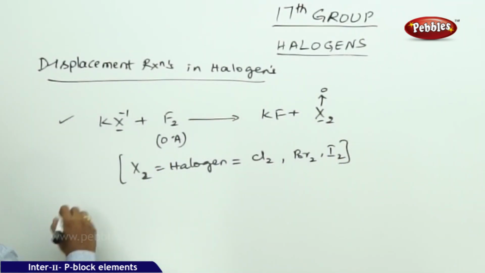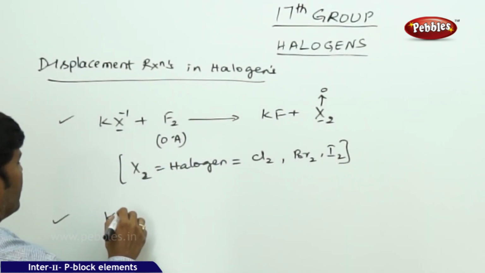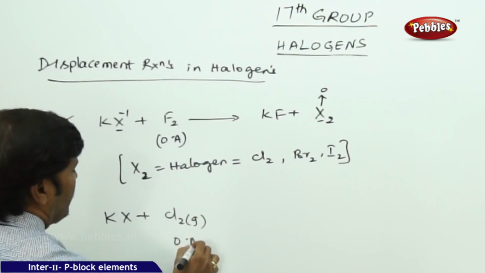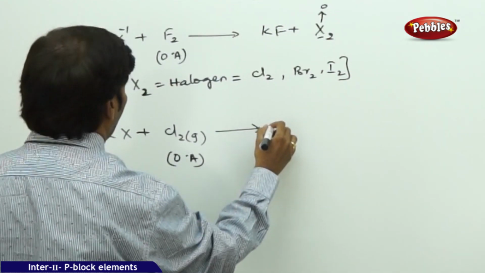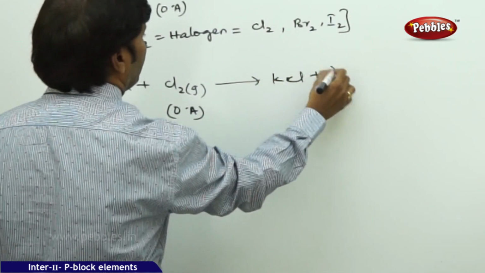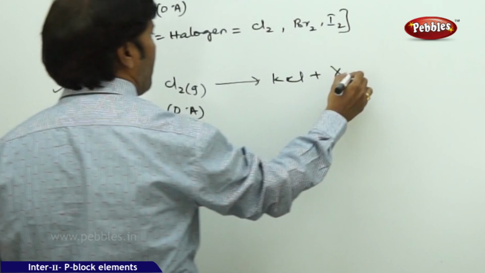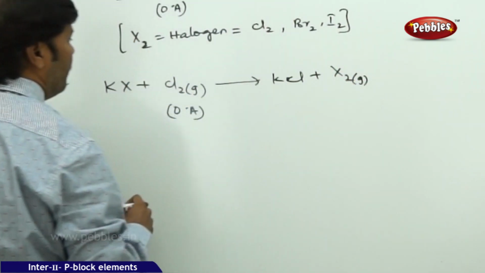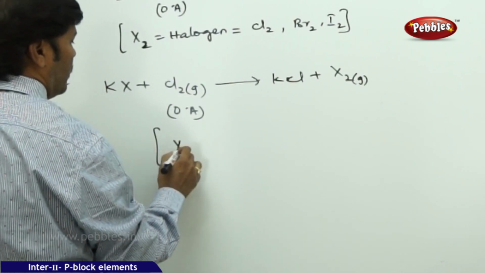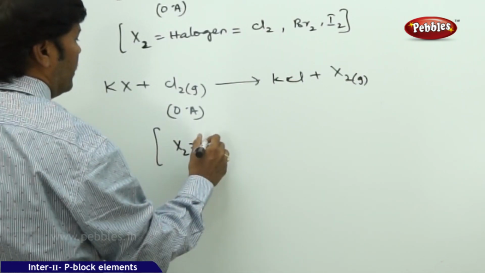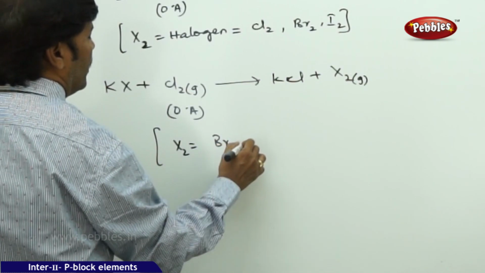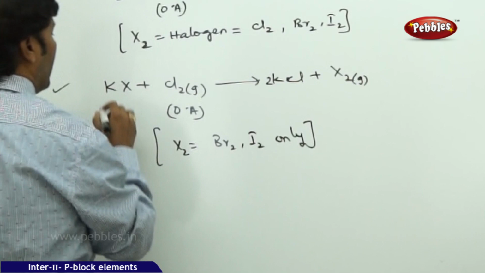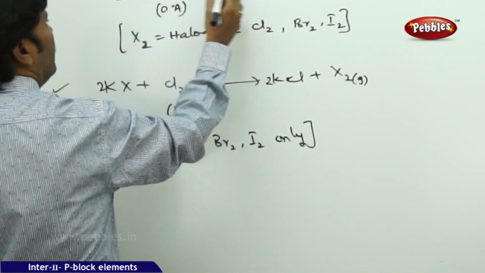Then again, take KX plus Cl2 gas, again an oxidizing agent, so you find that this gives KCl plus X2 gas. Here X2 is bromine, iodine only. Of course you need to balance the equation, take 2 over here.